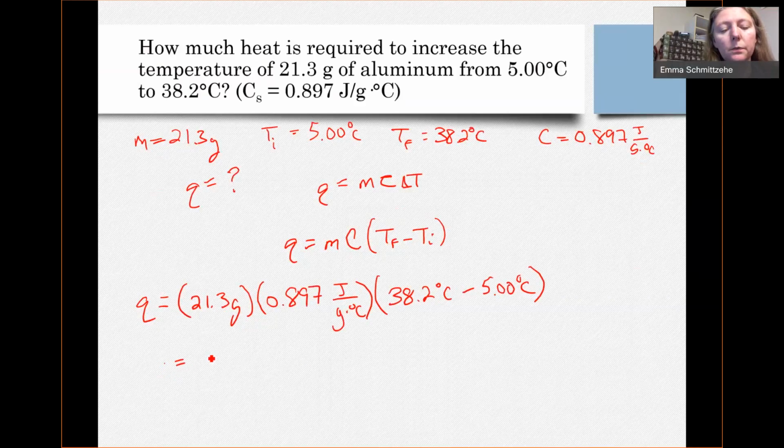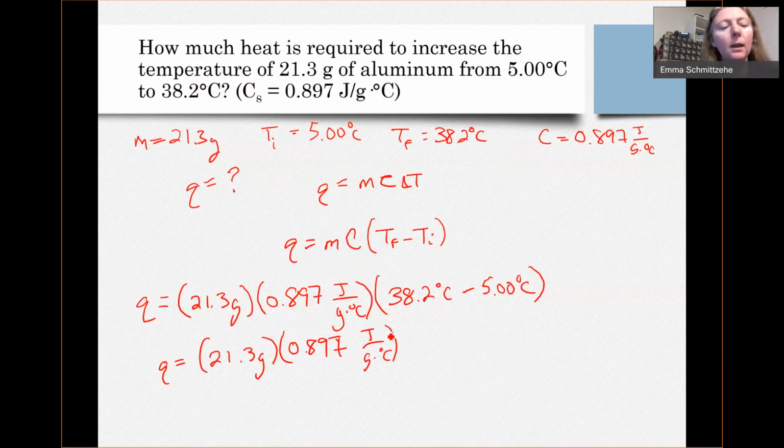Now first we need to do that subtraction. 38.2 minus 5.00 gives us 33.2 degrees C, which I should have done in my head, but that's okay. Then we've got 21.3 times 0.897 times 33.2.